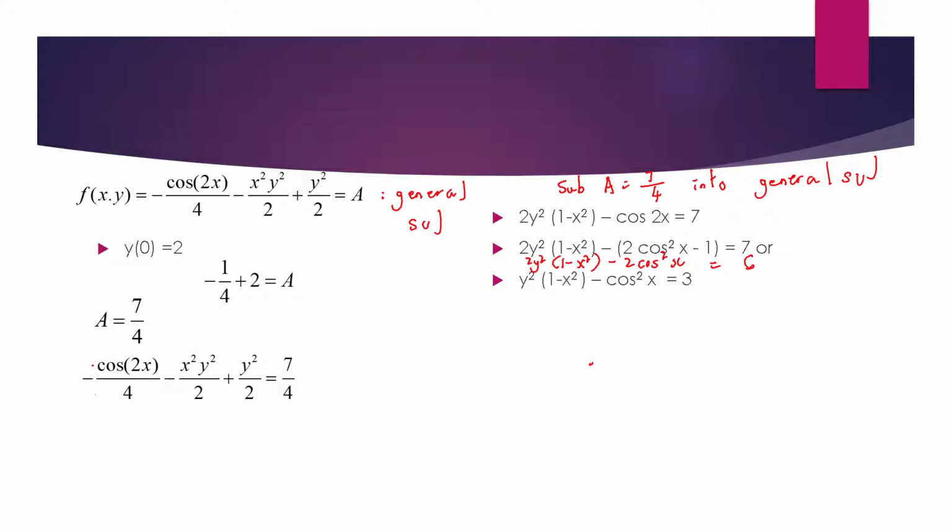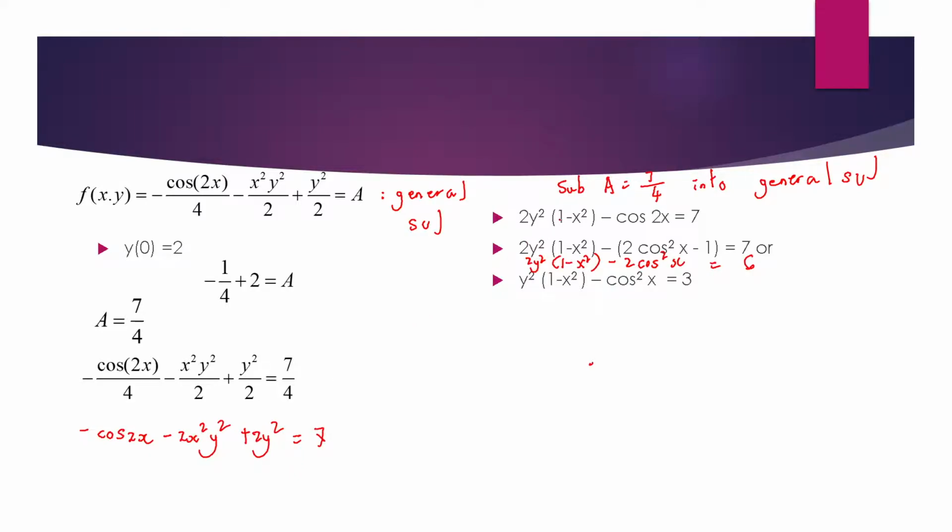Or this line is actually multiplying everything by 4 and combining together. So this is actually negative cos 2x, minus 2x squared y squared plus 2y squared equal to 7.